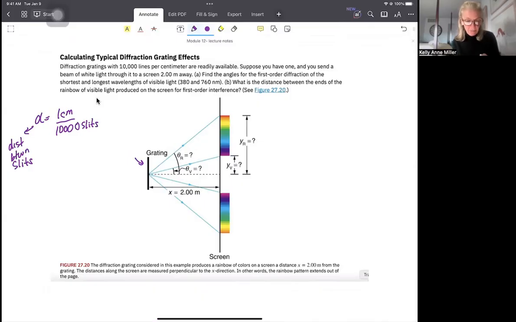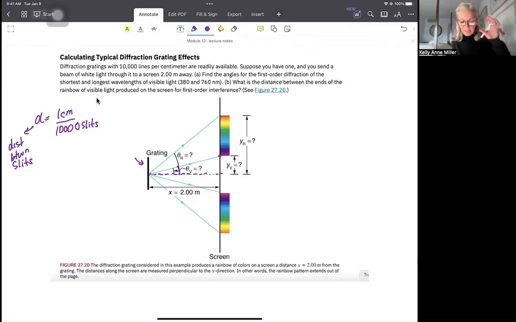And then, okay, the screen is 2 meters away. Find the angles for the first order diffraction of the shortest and longest wavelengths of visible light. So basically it wants us to find the angle, this angle here, between the central maxima and the m equals 1 fringe.